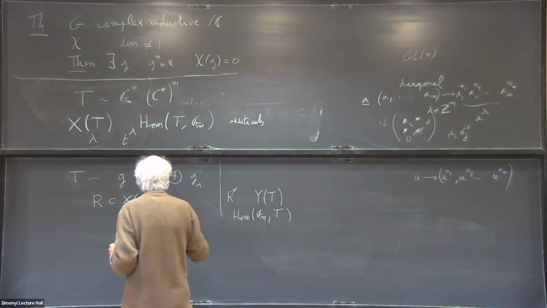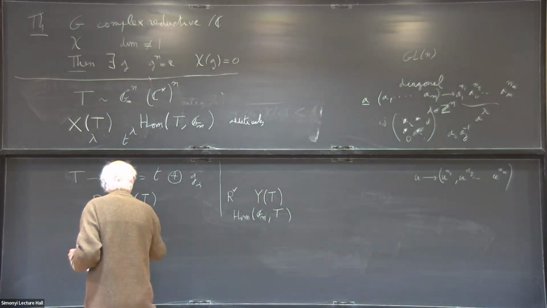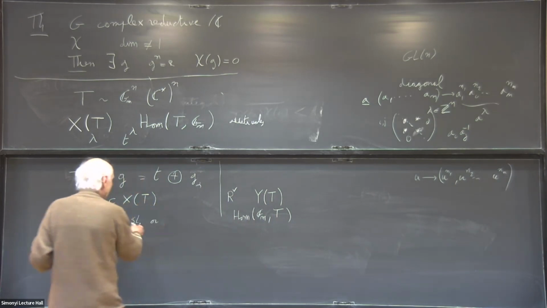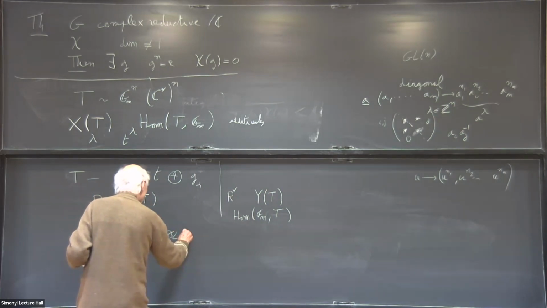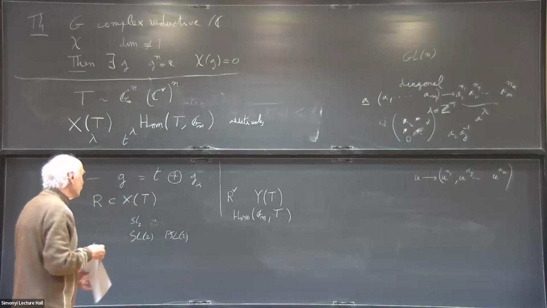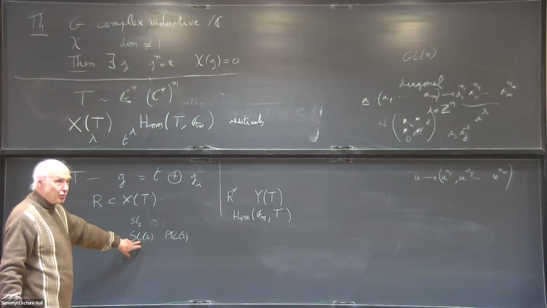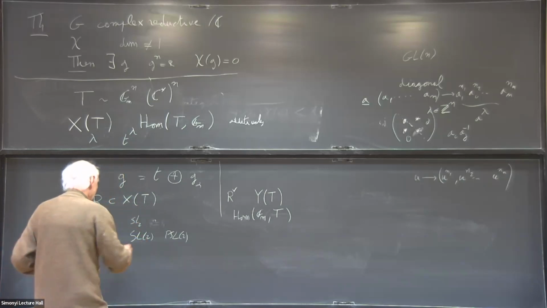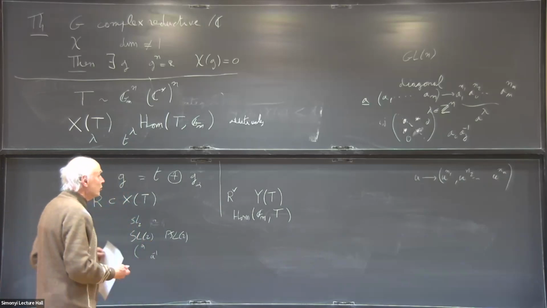So in general, for each root, in the algebra you have an SL2, in the group you have an SL2 or PSL2, which is attached to the root. Now, in SL2, I can again look at the diagonal matrices, and that gives me the matrices A, A inverse.